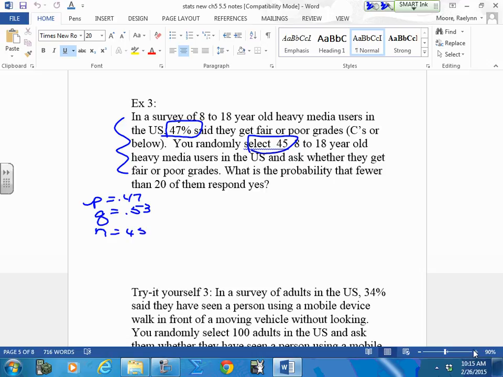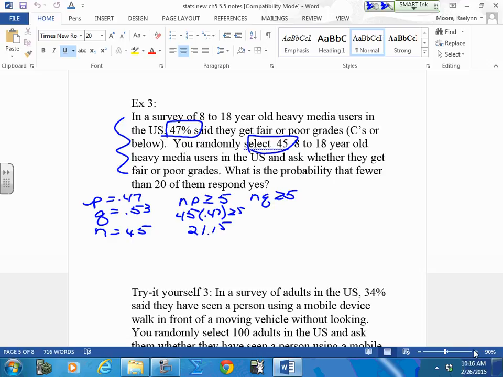Thank you, Melissa. We tested your N times P, we tested your N times Q. So N times P gave us 21 point something, point 15, thank you.